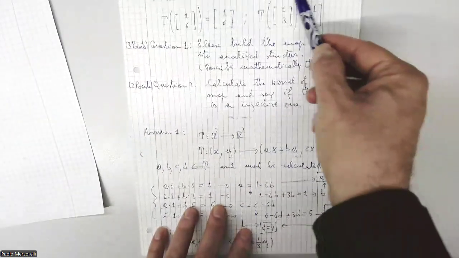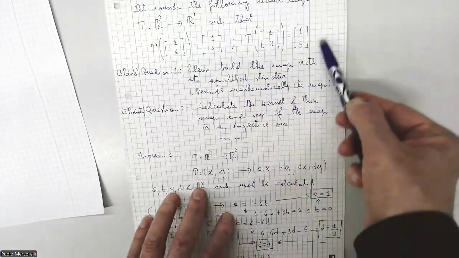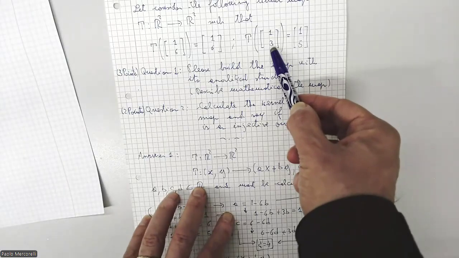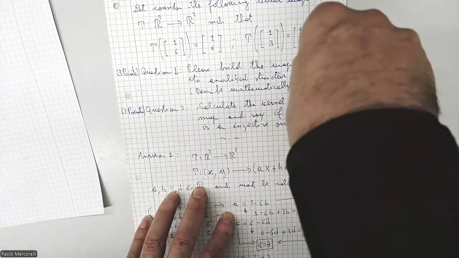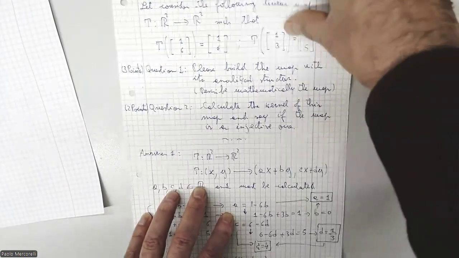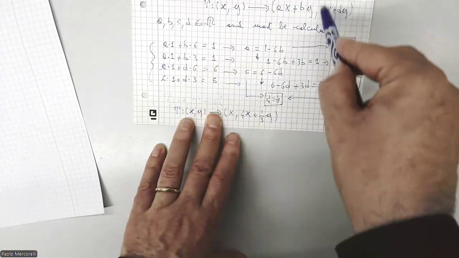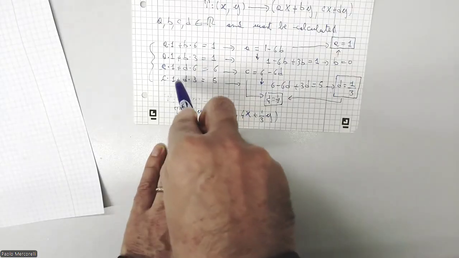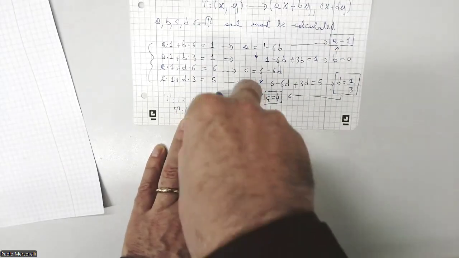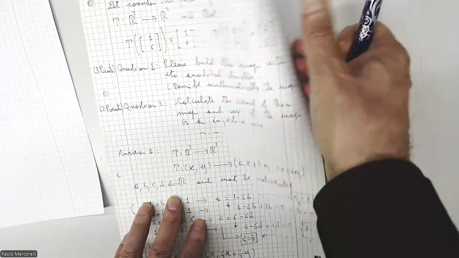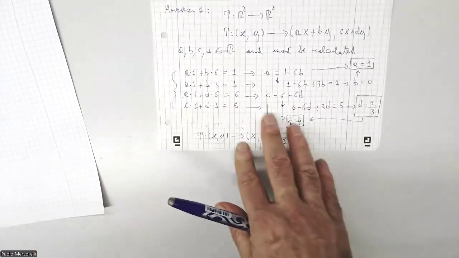Now I do the same here for this data. 1, 3 in the second position is transformed into 5. This means C multiply 1, the second position is always this, no? C multiply 1 plus D multiply 3 equal 5, because of this 5. Think about it for a second.